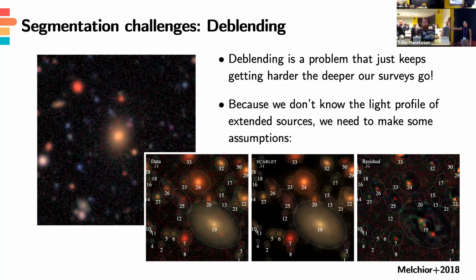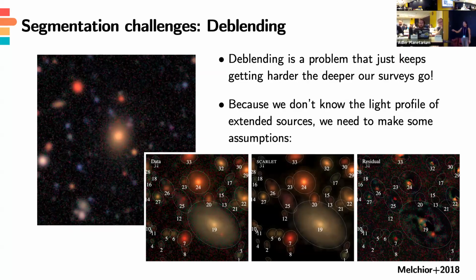So here I'm showing work from a more recent deblending technique, which essentially creates scenes of galaxies where you have data on the left. Every number is a detected peak or significant detected peak.